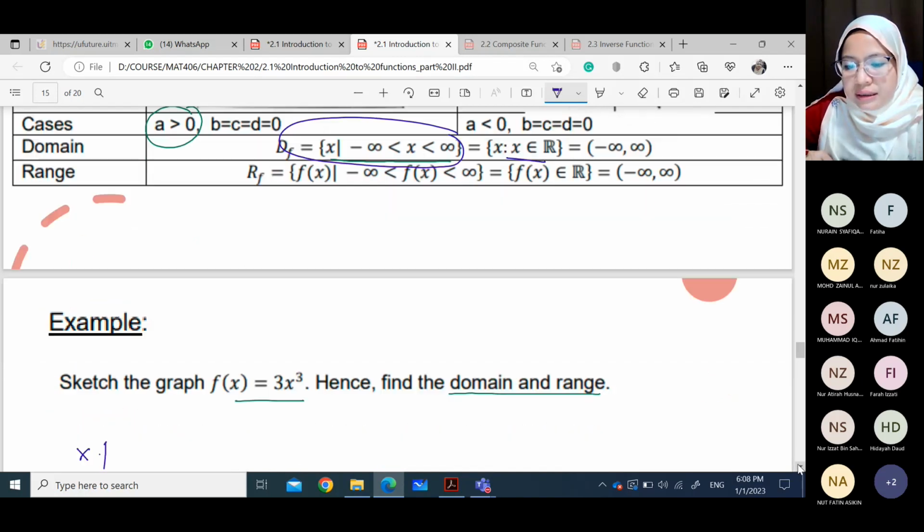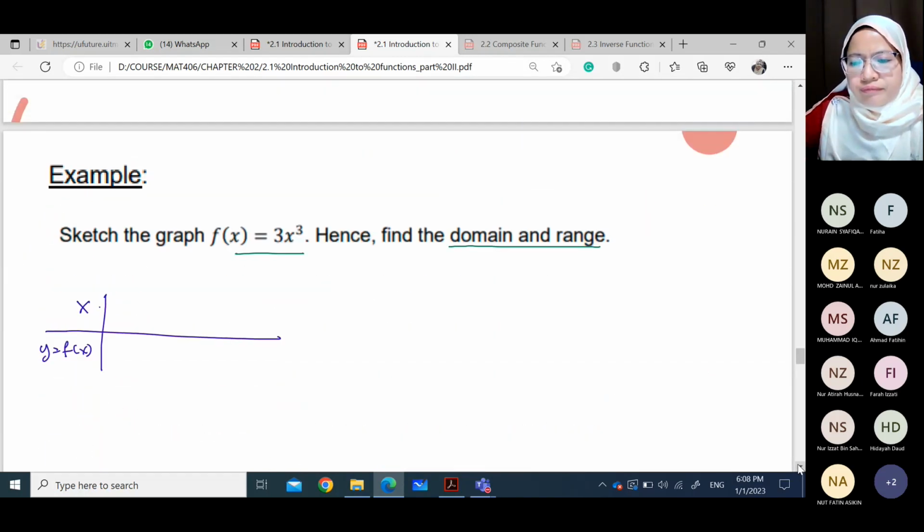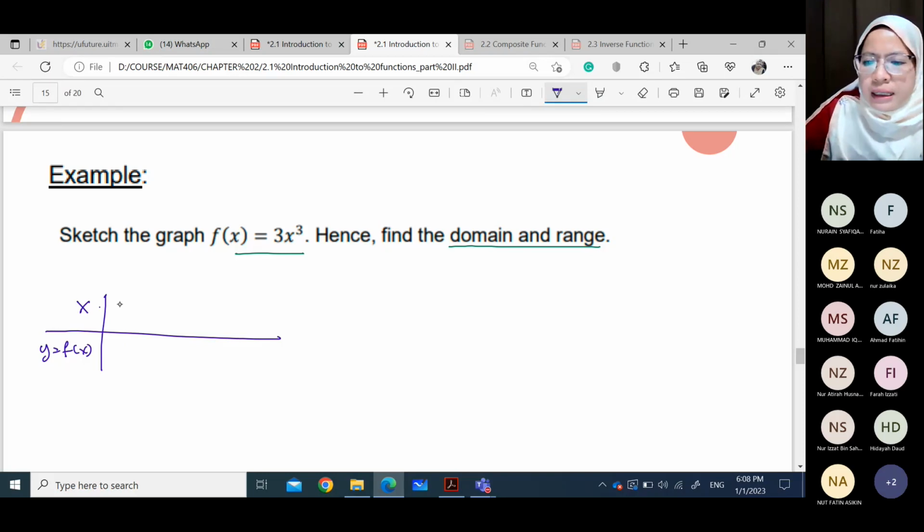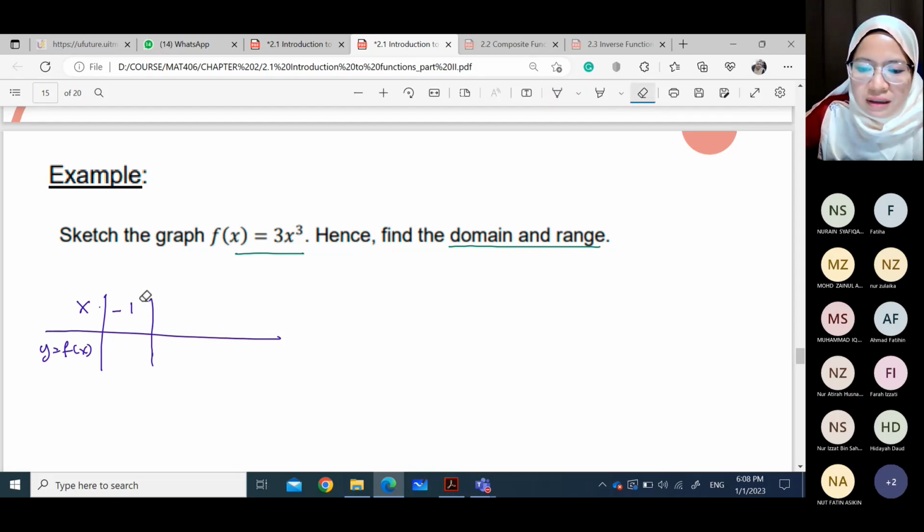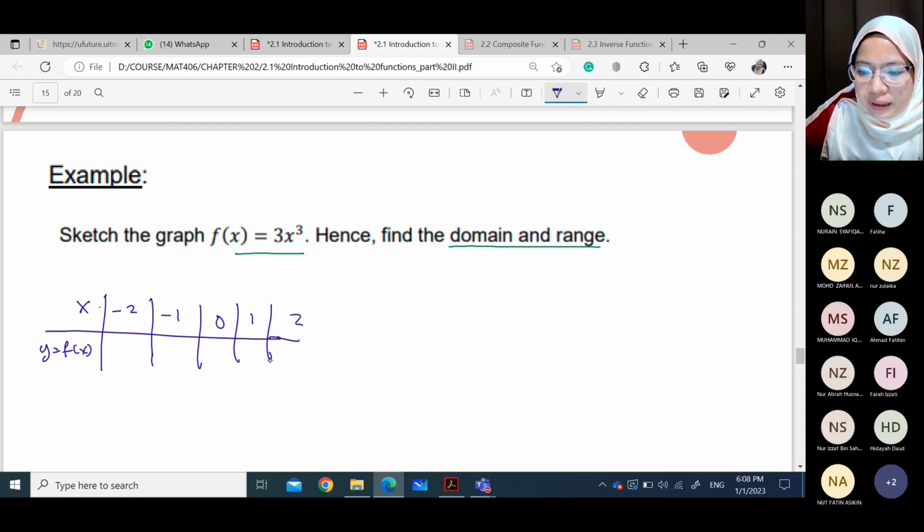Okay, so kita start dengan, let's say we take negative 1. Pendekkan sikit. Tak naklah pendek sangat. Negative 2 lah. Kita start dengan negative 2, negative 1, 0, 1, 2. Okay. So kita cari range dia. So range f at x equals to negative 2.